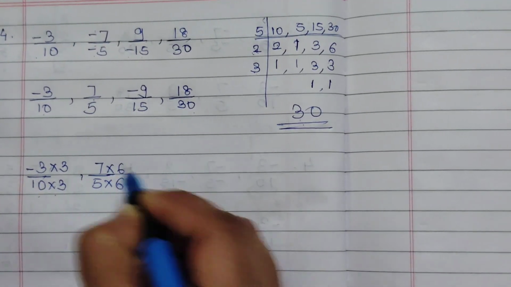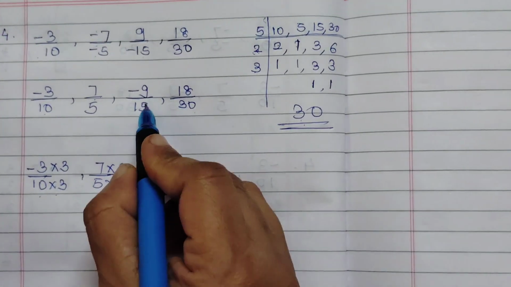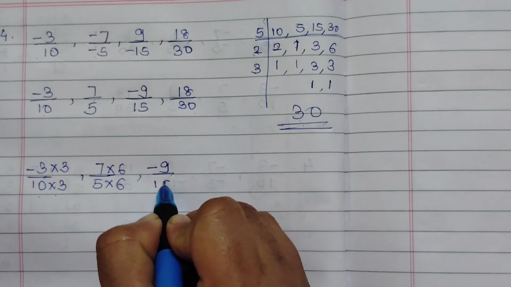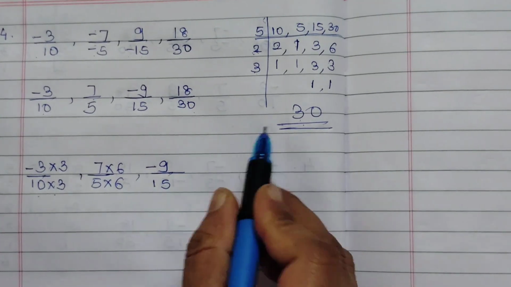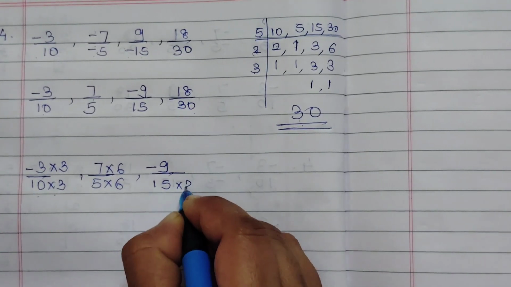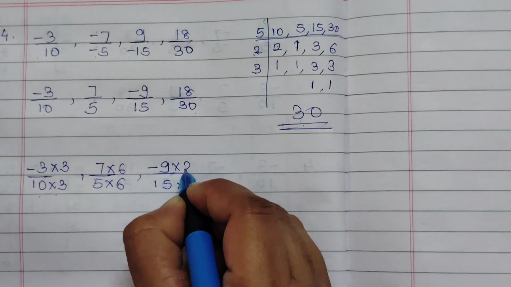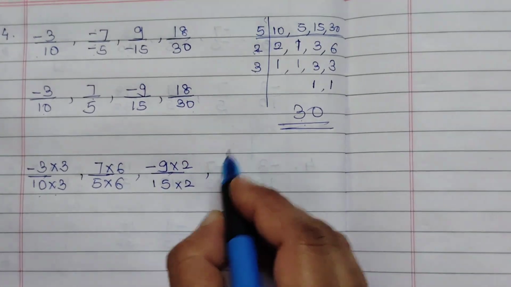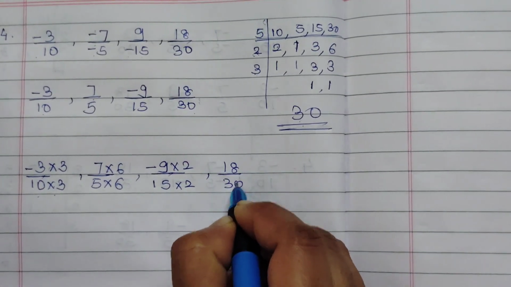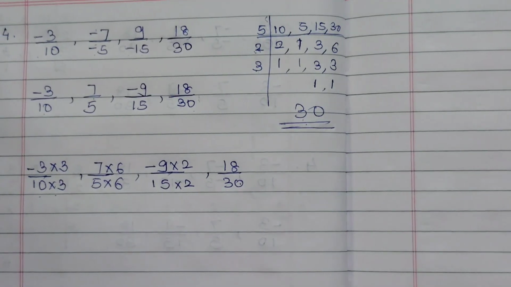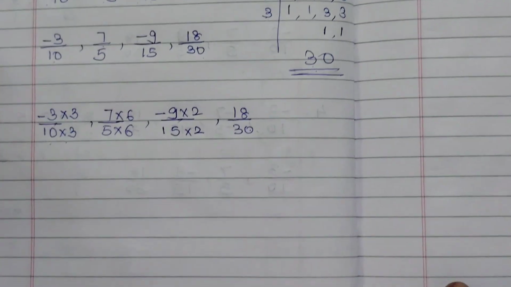So up also will multiply by 6. Next minus 9 upon 15. 15, how much makes 30? 15 2s are 30. So up also will multiply by 2. Next 18 upon 30. Now 30 is the same, so nothing to multiply. It will remain as it is.